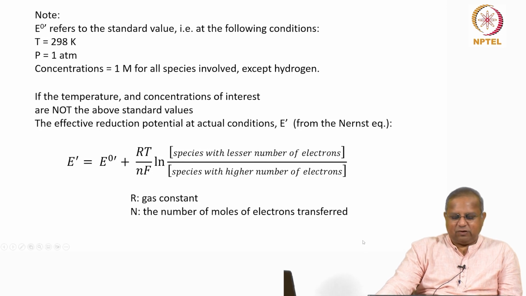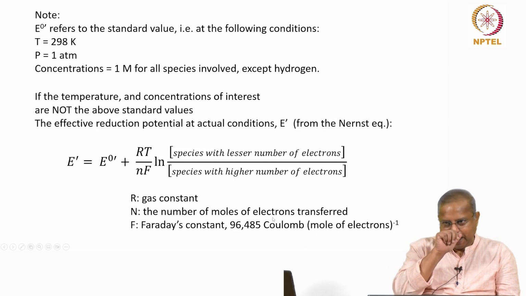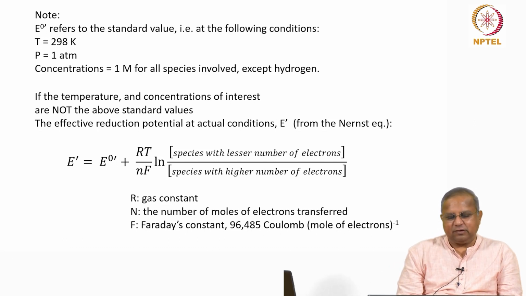Of course, R is the gas constant, n is the number of moles of electrons transferred. You looked at the value of the gas constant in various different units in one of the questions. n is small n, sorry. This has to be small n, the number of moles of electrons transferred in the process. And F, of course, is Faraday's constant, 96,485 coulomb per mole of electrons.